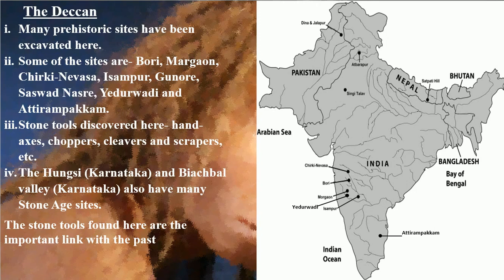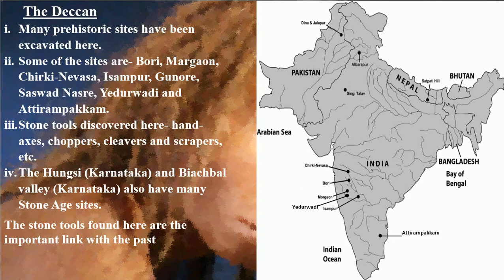Some of the sites are Bori, Margaon, Chirki Nevasa, Isampur, Gunnor, Sashwad, Nasre, Yedurwadi, and Atiram Pakkam. We have already discussed Atiram Pakkam earlier through the map.